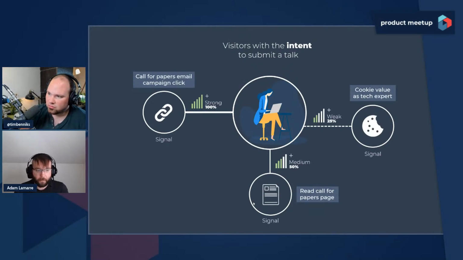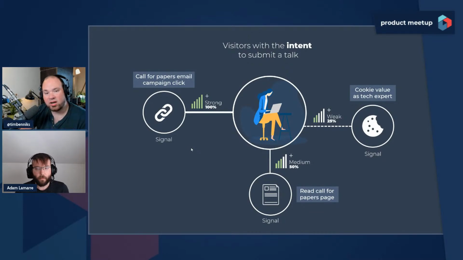Those different signals can also have different strengths, right? Let's say you come from the email campaign, and because we know you're a speaker, you received an email asking, do you want to fill out the call for papers? Sure. You click on that link, and that signal is super strong. You can see that here on the left. That's 100% strength. Maybe we just went to the call for papers page.